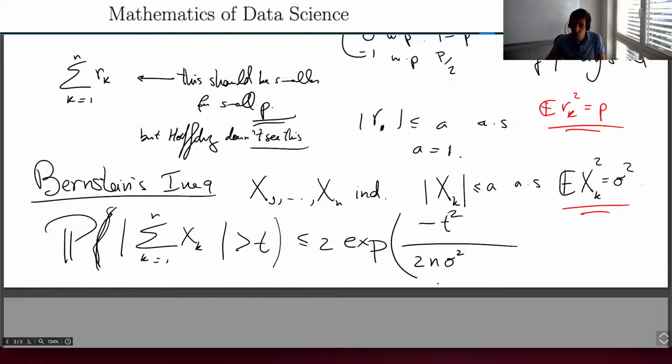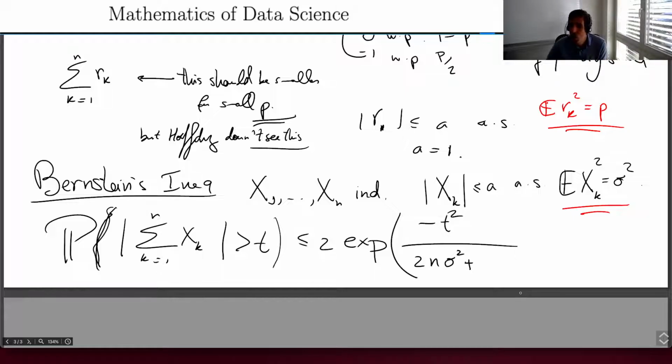You should try it. Try to understand what control you would get for the random variables Rk. If you use Hoeffding, you would get this with a 1. And if you use Bernstein here, this becomes p. So as p is smaller, you get a better control. But of course, the a still makes an appearance.